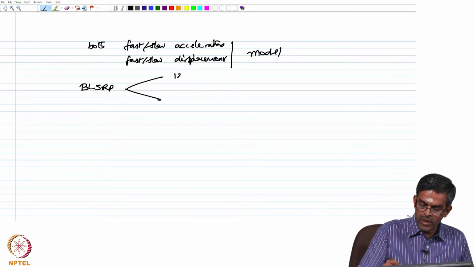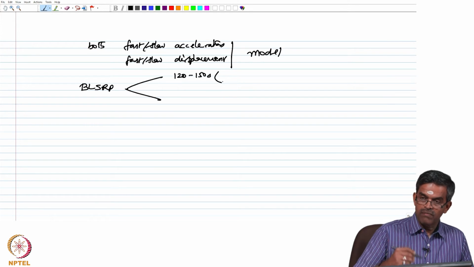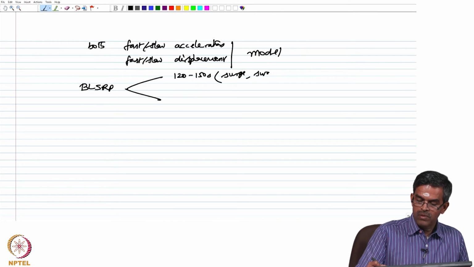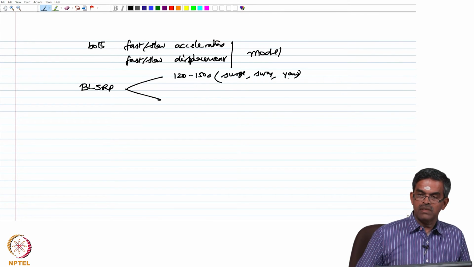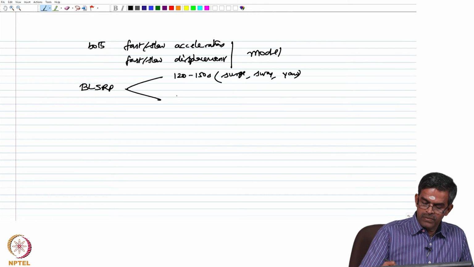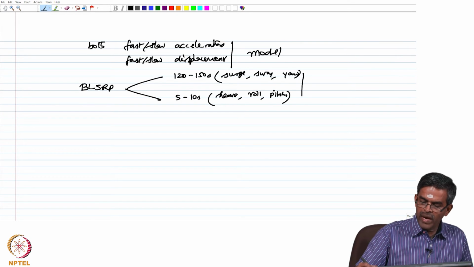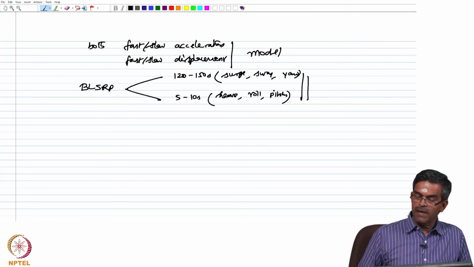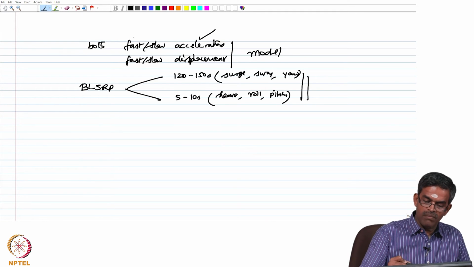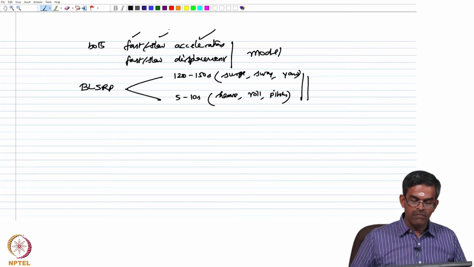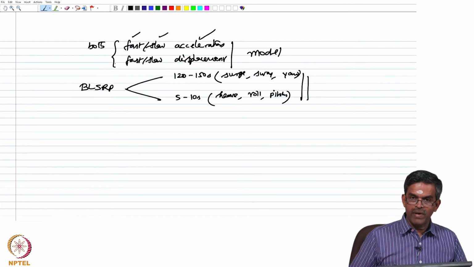One period will vary from 120 to 150 seconds, which is very high, at surge, sway and to some extent yaw, whereas 5 to about 10 seconds will happen in heave, roll and pitch degrees of freedom. So, it has too wide a band, so that sometimes the accelerations can be much faster or much slower. So, we are looking for a sensor which can measure both kinds or varieties of the displacements.